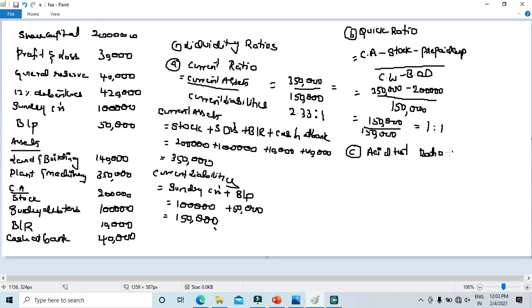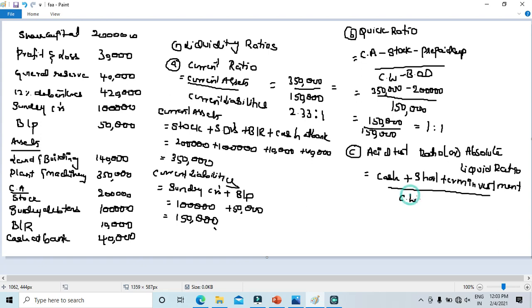Okay. So now what you have to do is, the first formula here is debt equity ratio. If you see this, the formula is debt divided by equity.